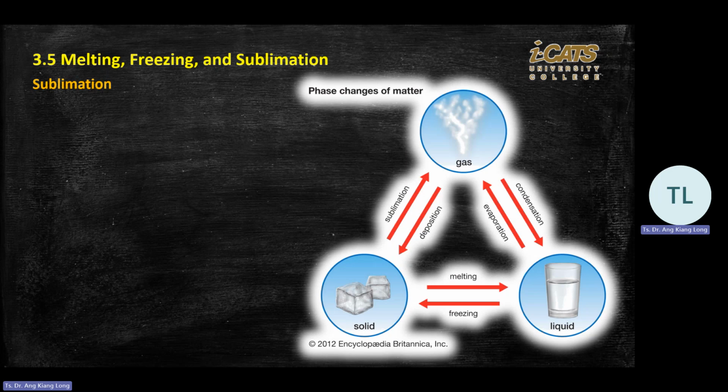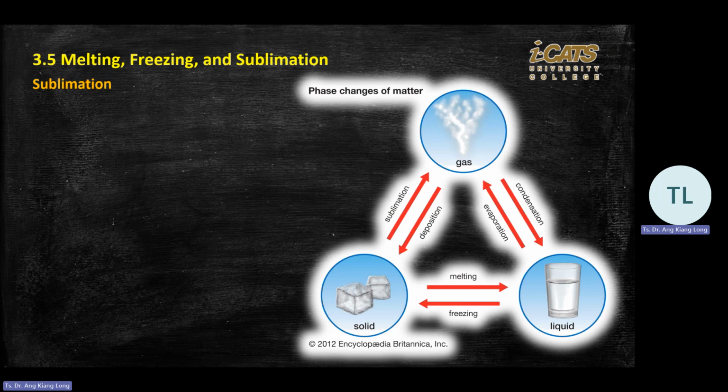Okay, so condensation and evaporation deal with delta H vap, vaporization, and this one deals with delta H fusion. Here got one delta H, here got one delta H. Then here also got one delta H sublimation.